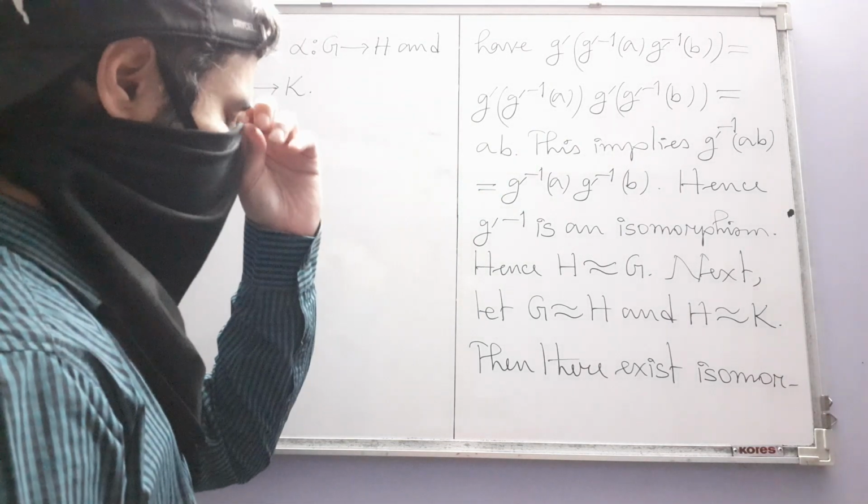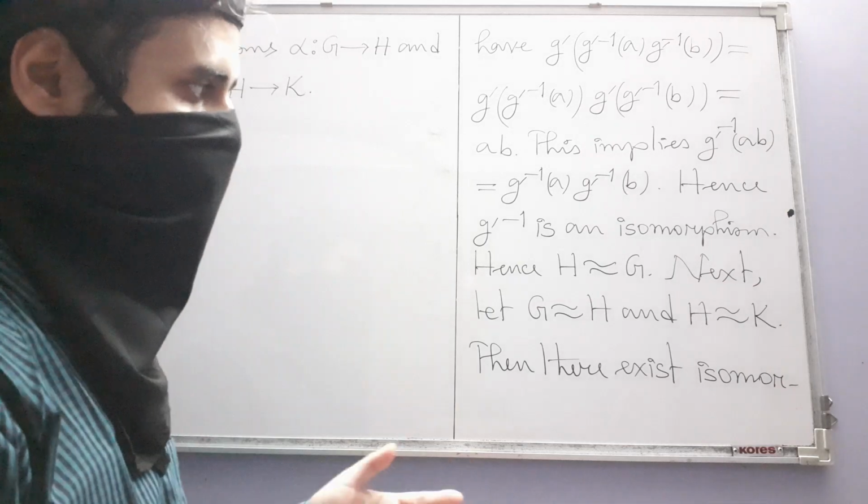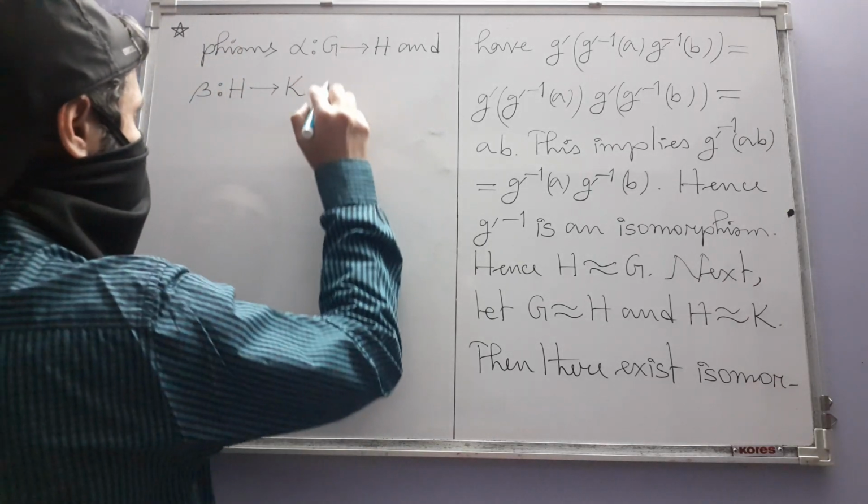Now we are seeking an isomorphism from G to K. So what can be more natural than considering the composition of these two functions?